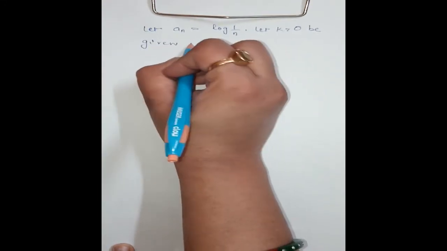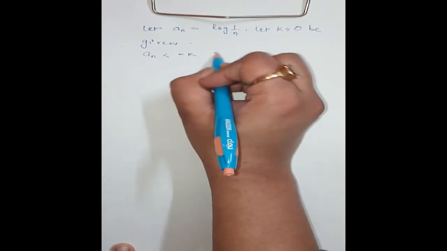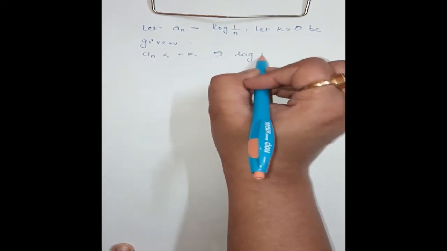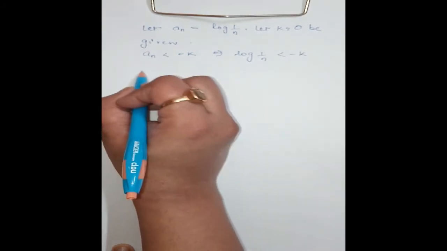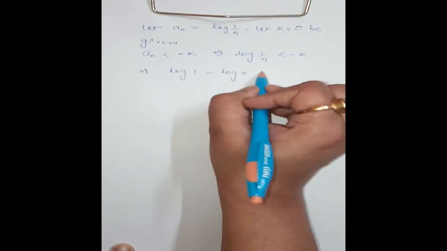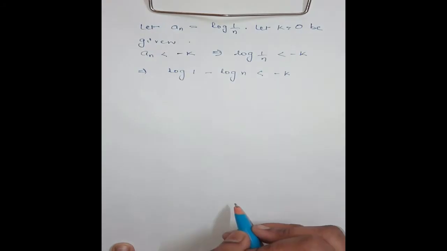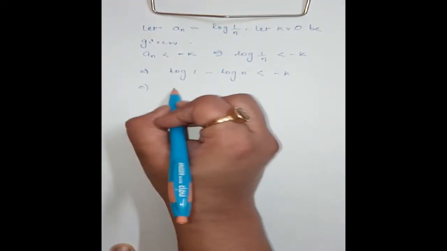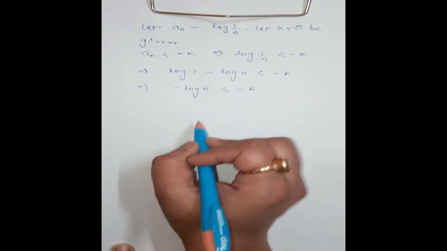Now a_n is less than minus k implies log 1 by n is less than minus k, and this will imply log 1 minus log n is less than minus k, that is minus log n is less than minus k, since log 1 is 0.